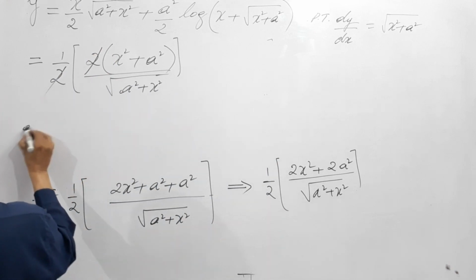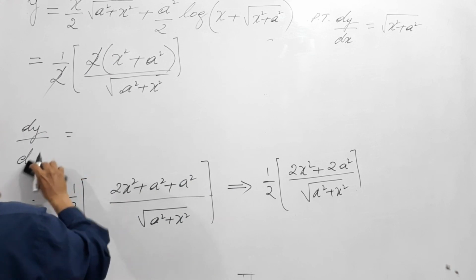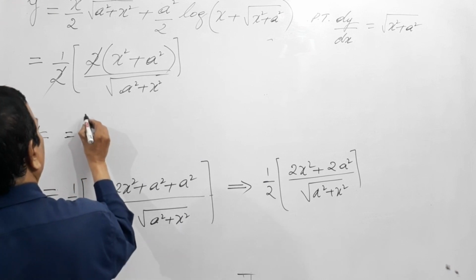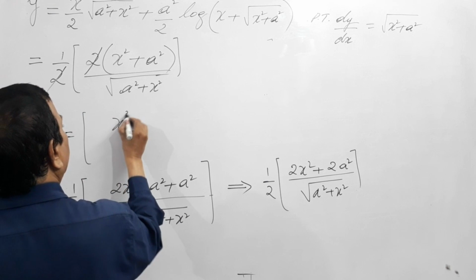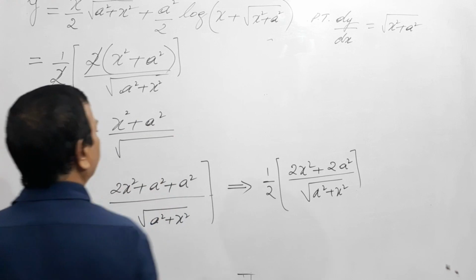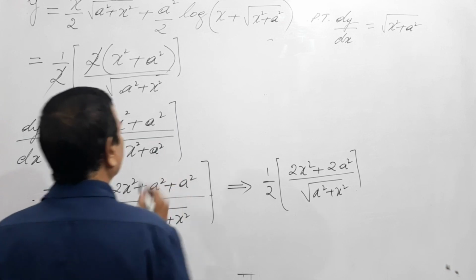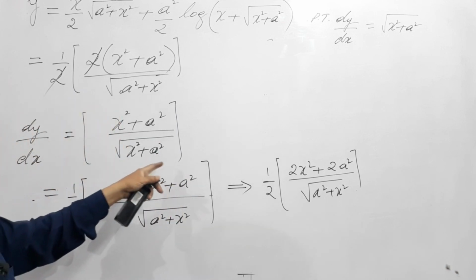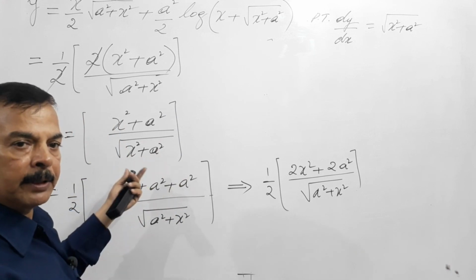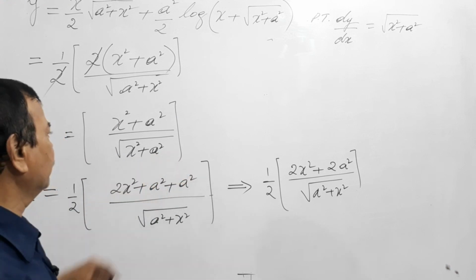So left with what? On the left hand side we have dy by dx equals to x square plus a square divided by under the root of x square plus a square. Since we have an addition sign, a plus b equals b plus a, so no issues.